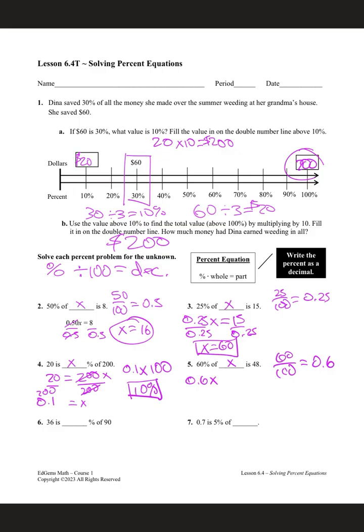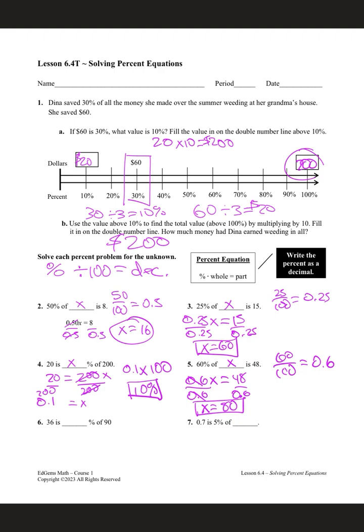So 0.6x is 48. Divide both sides by 0.6 because we're solving a multiplication equation. So these cancel out. So I get x equals 48 divided by 0.6, and that is 80. That's it.